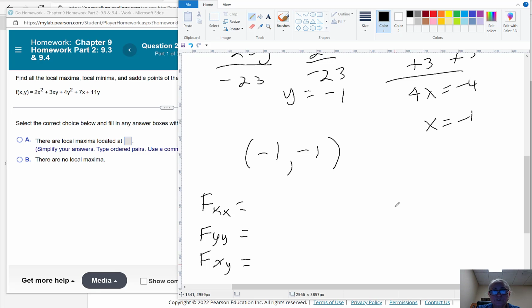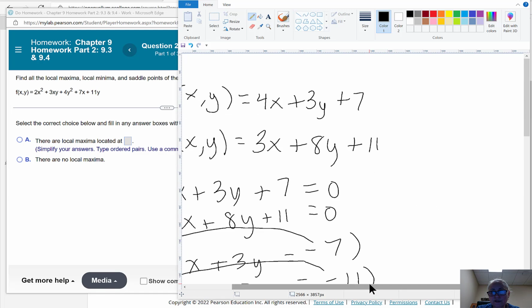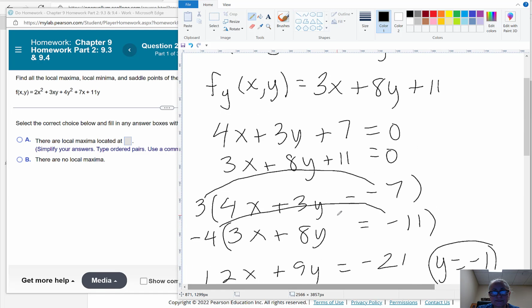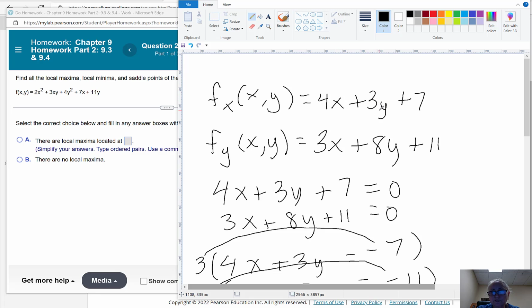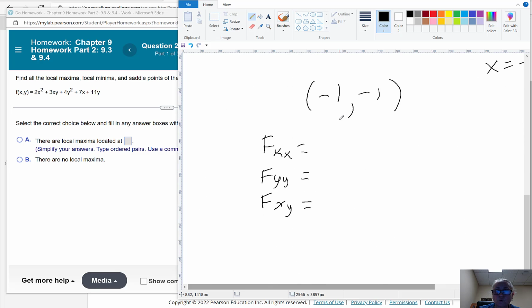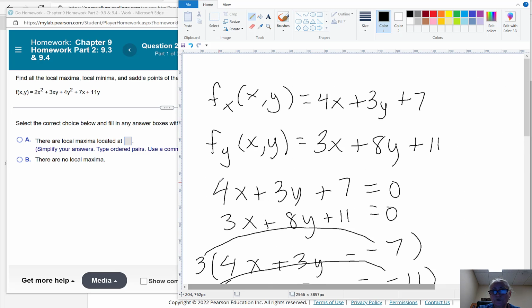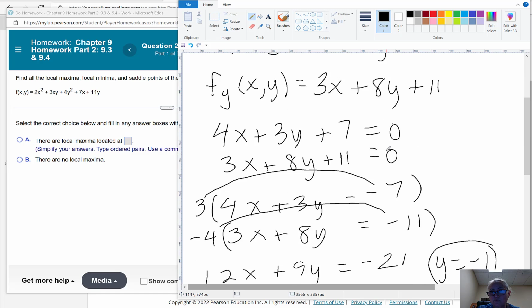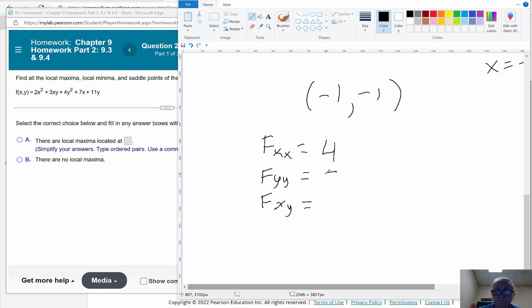All right, so we go back to our f sub x, 4x plus 3y plus 7, and notice that the derivative with respect to x is 4. We go back to our first order partial derivative with respect to y, and if we take the derivative of that again with respect to y, we get 8.